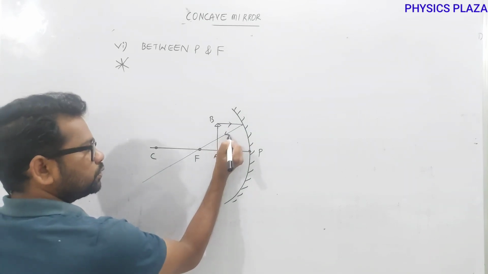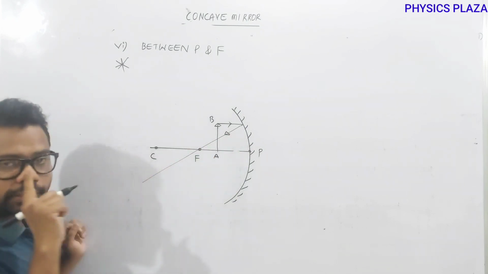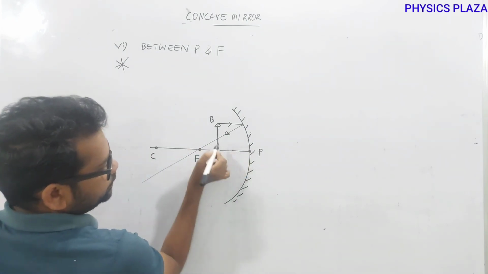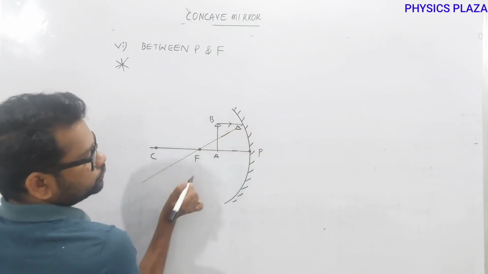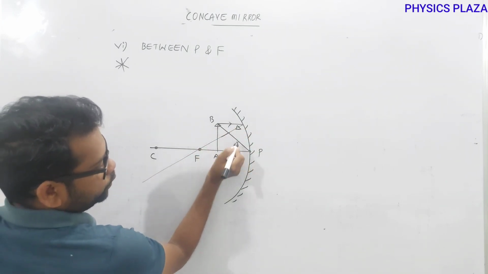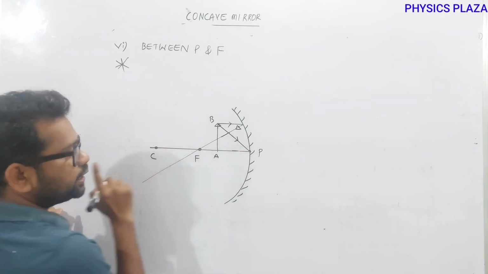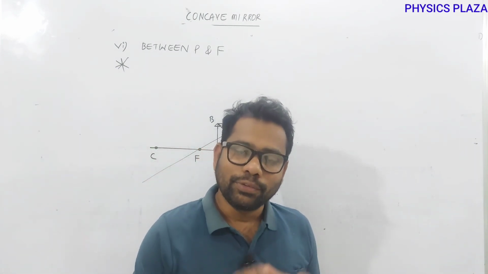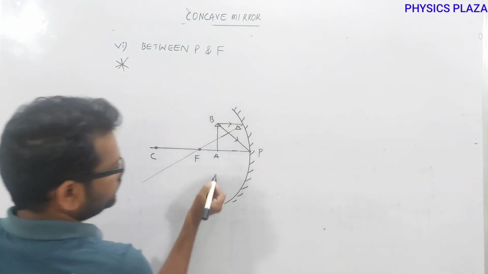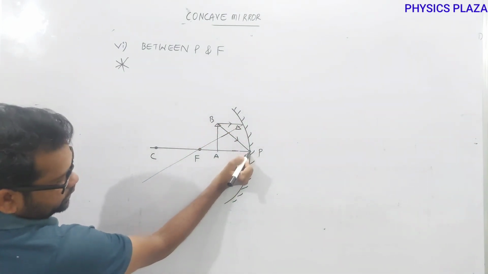That's it. Now the second convenient ray I am taking is incident at the pole. Children, if any light ray is incident at the pole with a certain angle, then what happens? With the same angle it gets reflected.